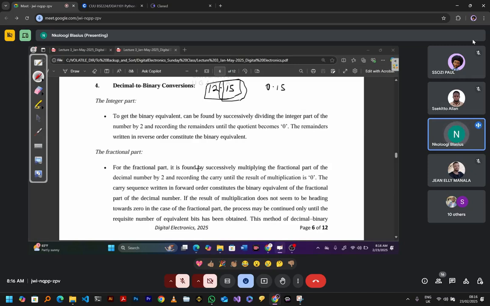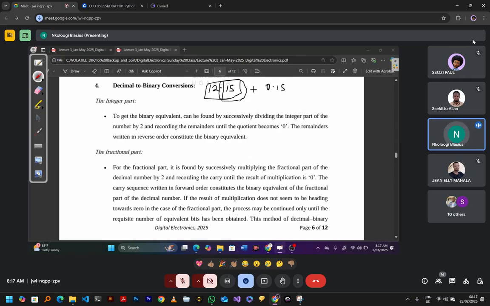I'm saying that the fraction part is formed by successively multiplying the fraction part of the decimal number and recording the carry until the result of multiplication is zero. So whenever you have a zero as your new multiplier, you just stop. Actually, you won't record the zero. So the carry sequence is written now in the forward direction.